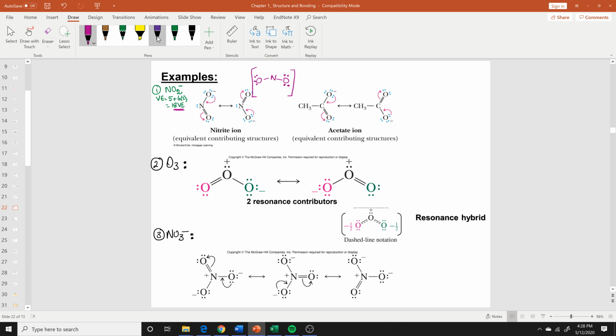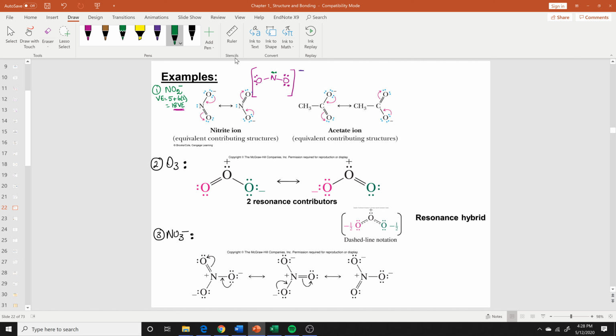Now I'm going to put the charge. I do have a 1 negative charge, so this is -1. Now the negative charge is divided between this oxygen and this oxygen. Nothing on the nitrogen. Oh, I forgot the lone pair on the nitrogen, so let's put the lone pair on the nitrogen, 2 electrons.